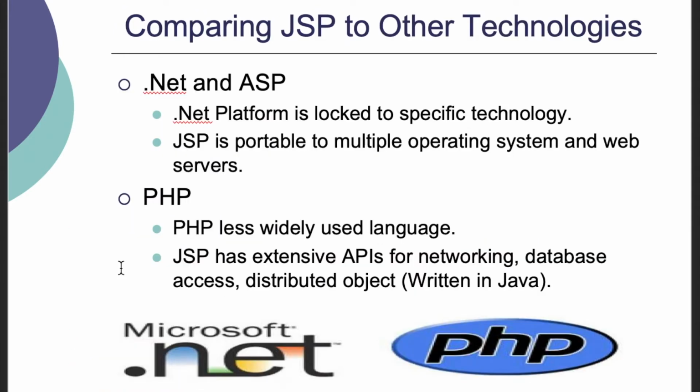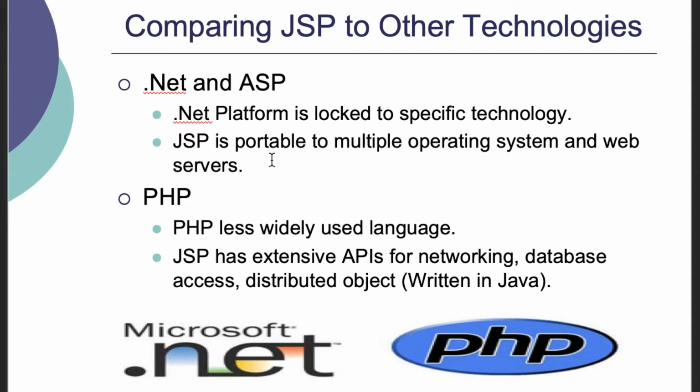Next, comparing JSP to other technology. If we compare to .NET and ASP, which are Microsoft products, the .NET platform is locked to specific technologies, which is for Microsoft products. However, JSP is portable to multiple operating systems and web servers.